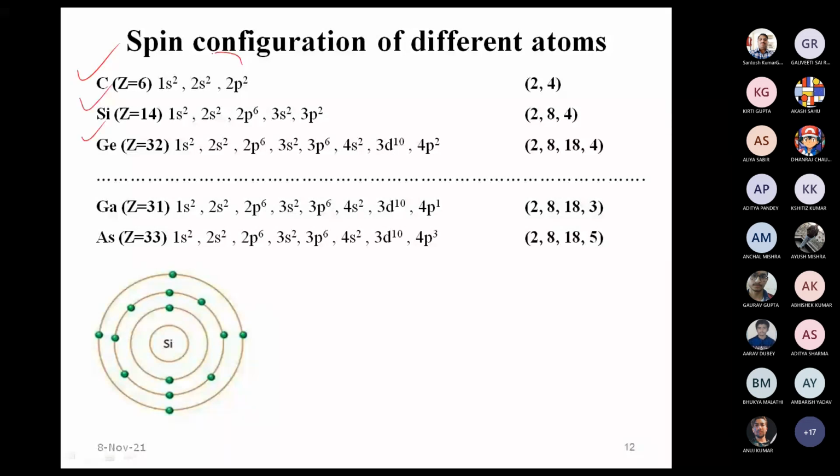We can see 4 electrons in the outermost orbit for each, and for germanium again 4 electrons in the outermost orbit, 4s2, 4p2. So these are the fourth group elements, the tetravalent and pentavalent elements.